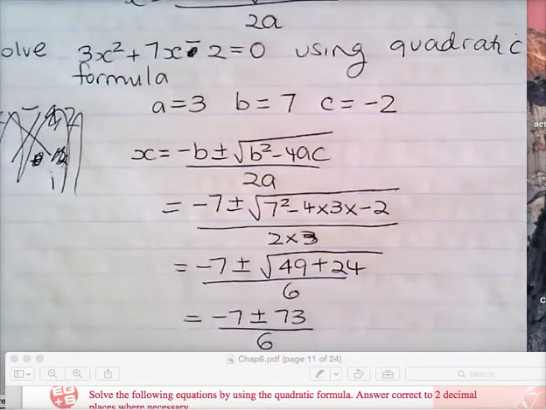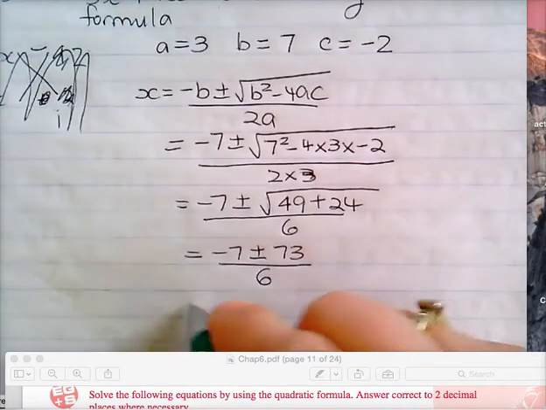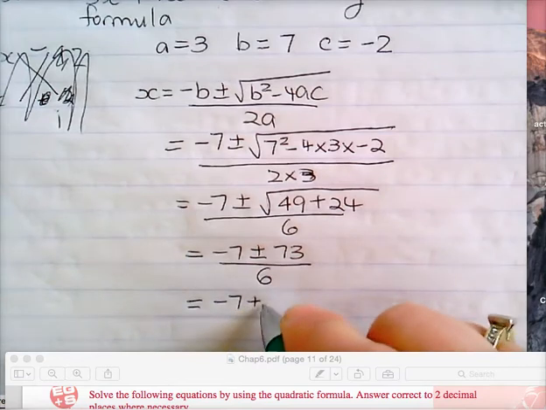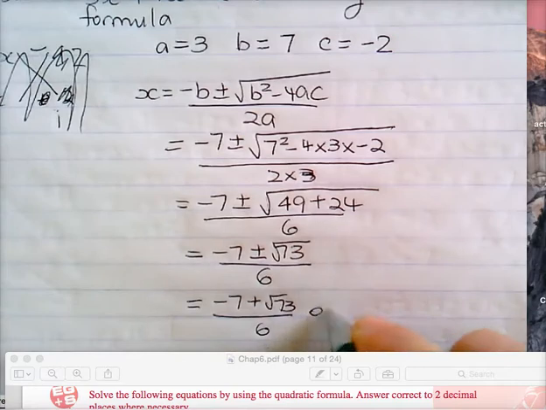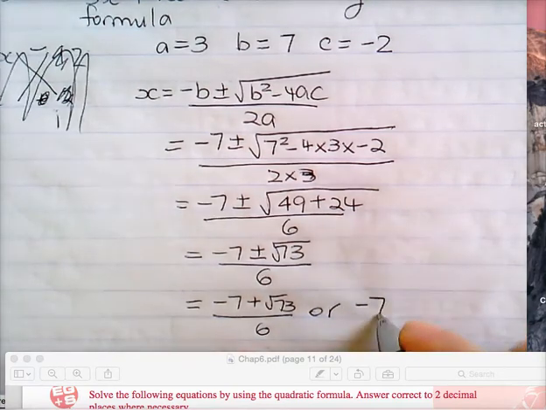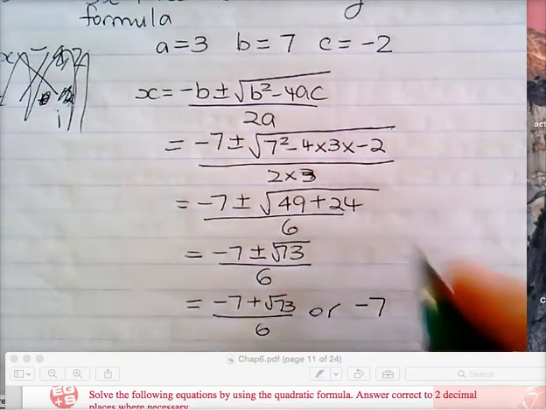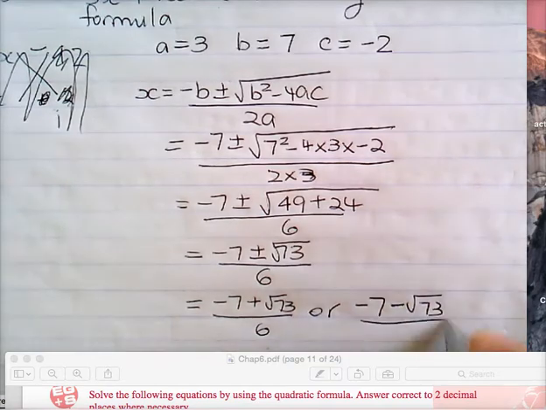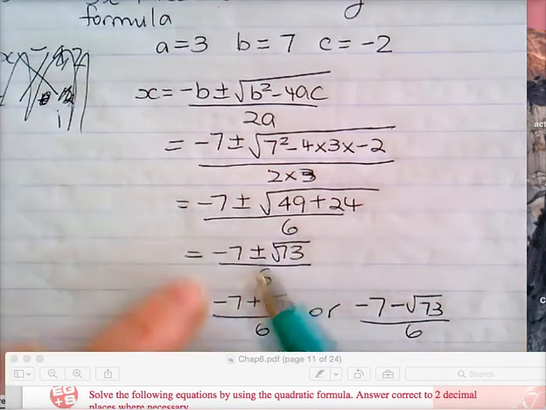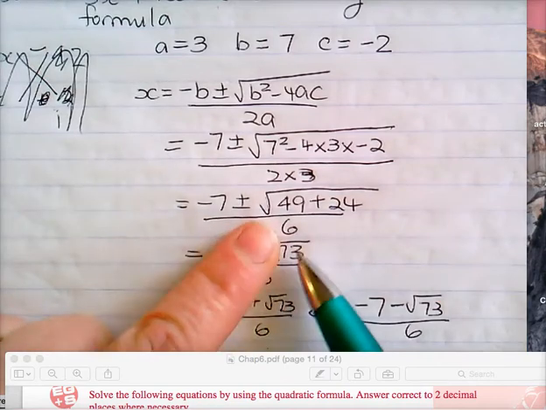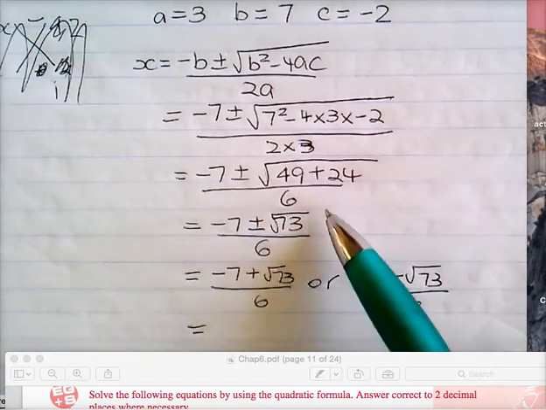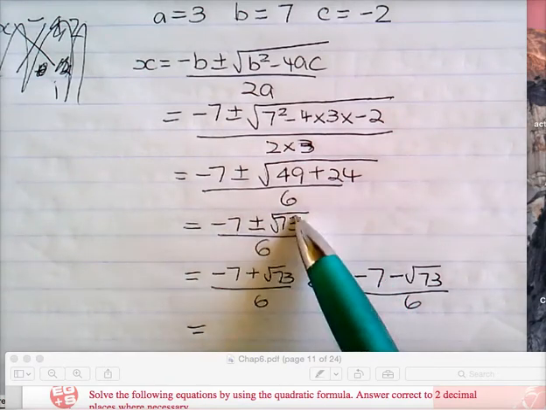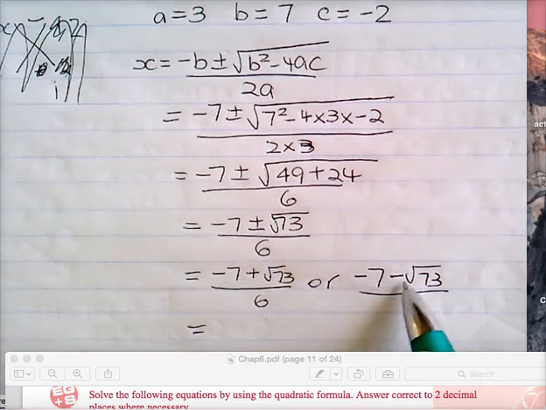So, girls, I've got two answers: negative 7 plus the square root of 73 on 6, or negative 7 minus the square root of 73 on 6. That's the top row and the bottom row.